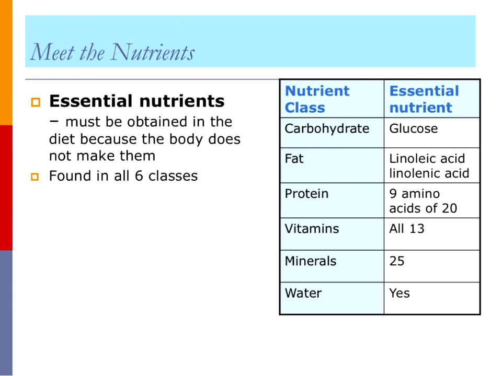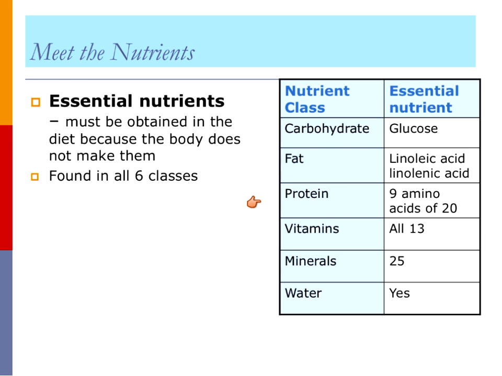Of the 6 classes of nutrients, there are about 50 of them that are essential. For carbohydrates, it would be starch or glucose. There are 2 fatty acids, linoleic and linolenic.